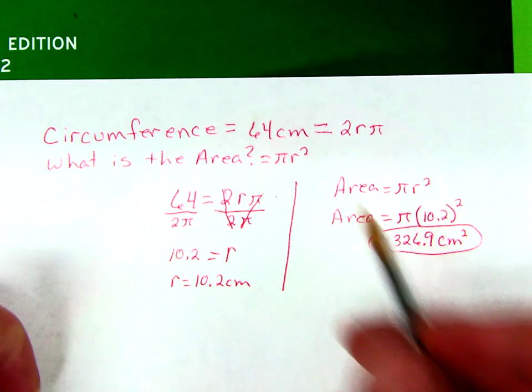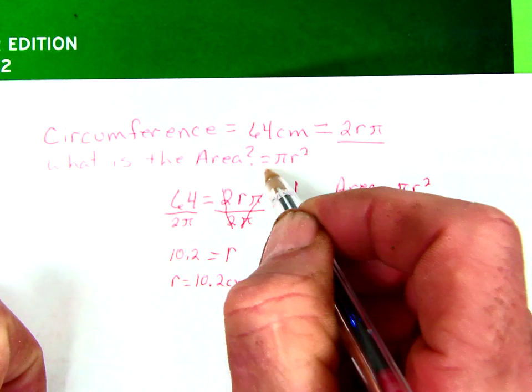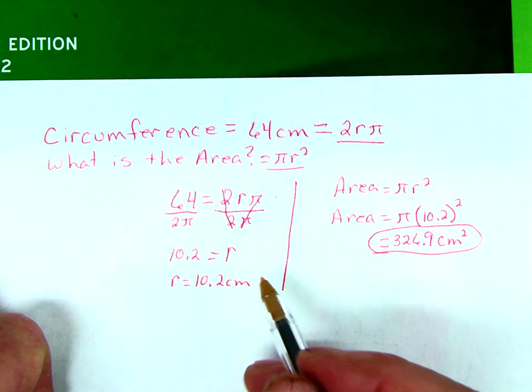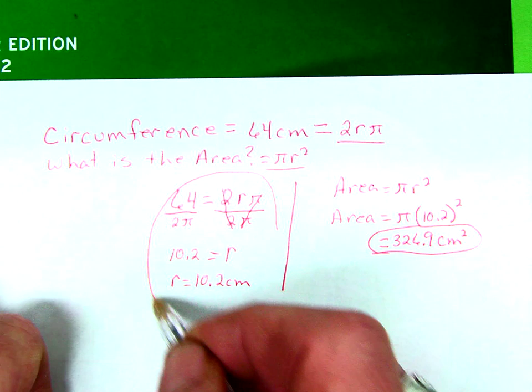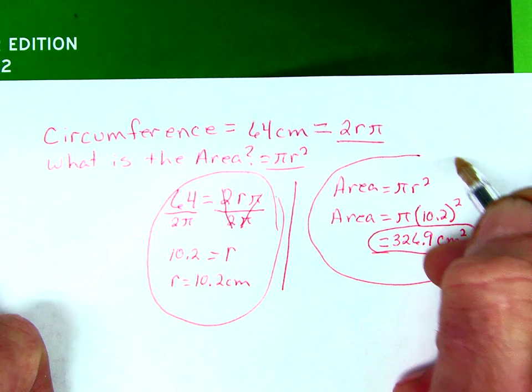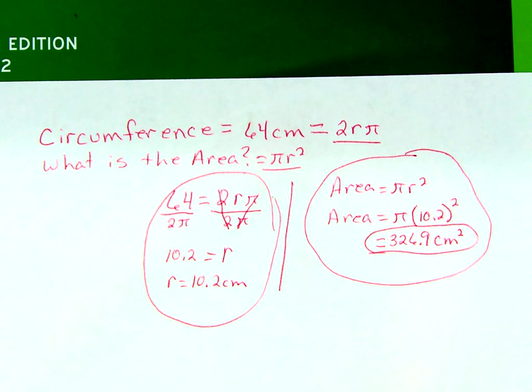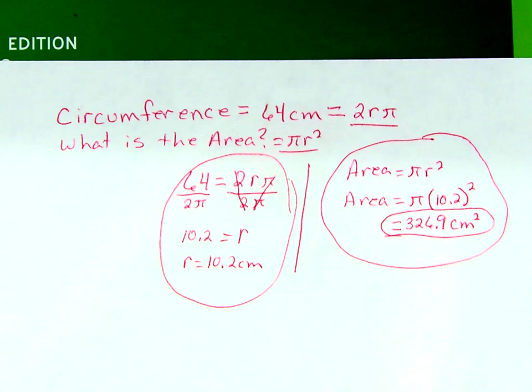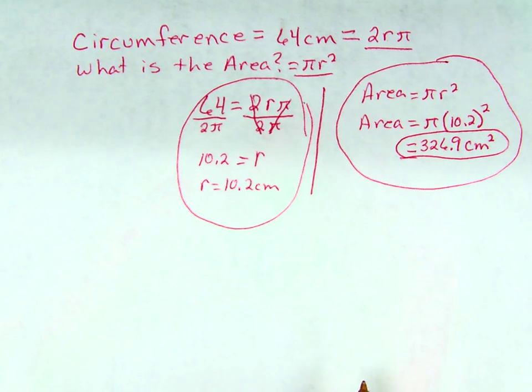The geometry is this part and this part. The rest of it, all of this and all of this, is just algebra, solving for the unknown. Well, what if the tables are turned?